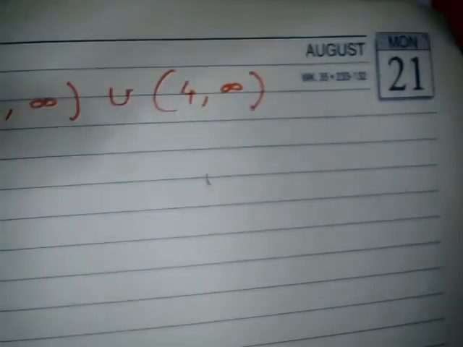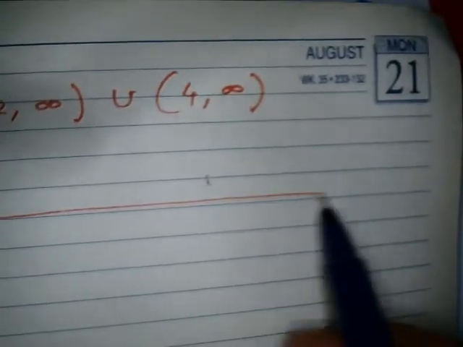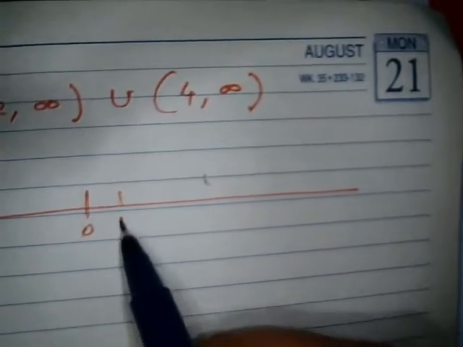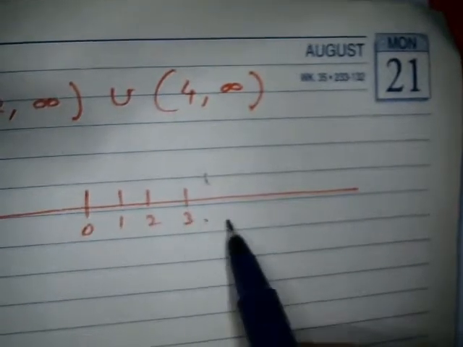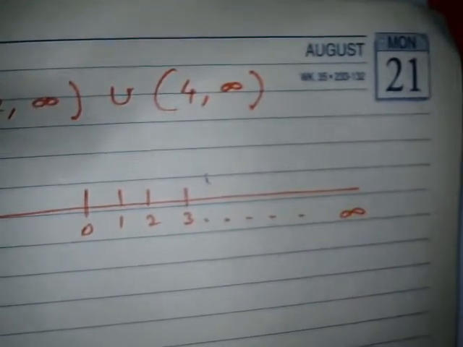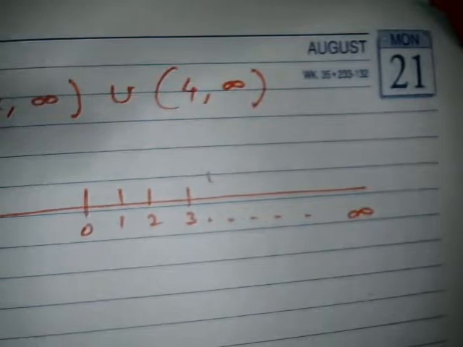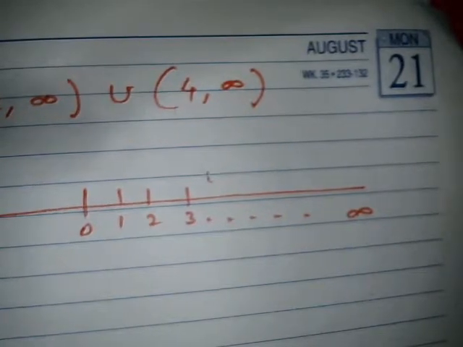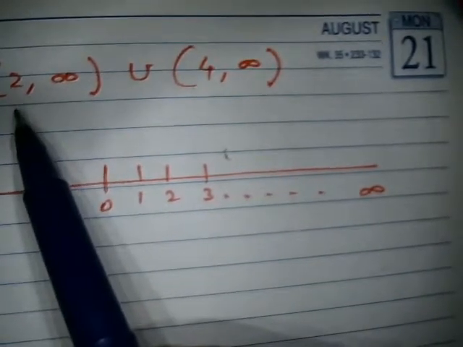Now I am going to first represent this on the number line. This is your number line, and this is 0, this is 1, this is 2, this is 3, till infinity. Okay, now this set is starting from 2, and the point 2 is included, because on 2 it is going to be a close bracket, so 2 is included, and this whole region is going to be included.